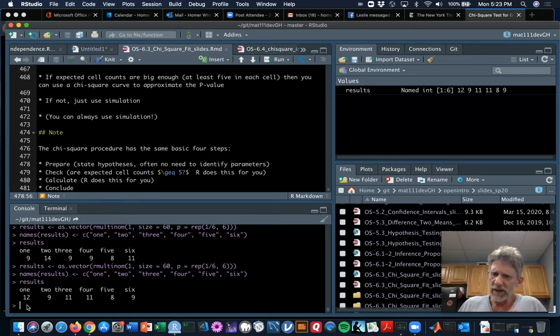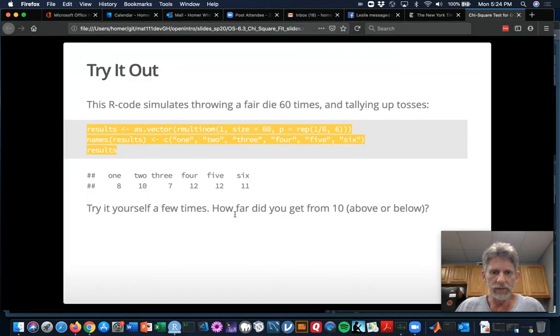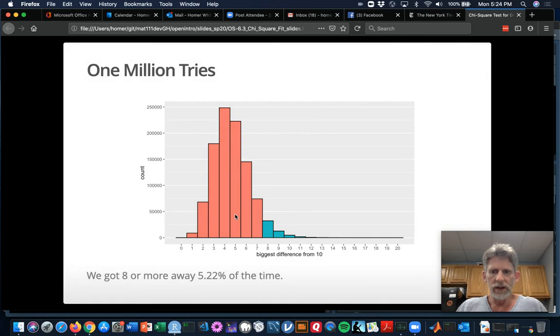So, I don't know. You can't really tell right now how unusual it would be to have a face that's 8 or more away, like the 2s were. So I went ahead and programmed the computer to try that same process out 1,000,000 times.